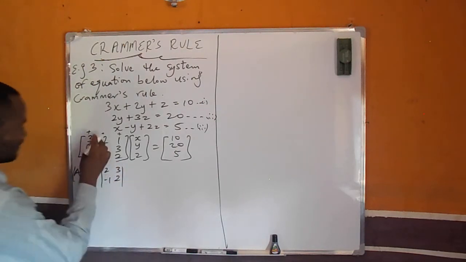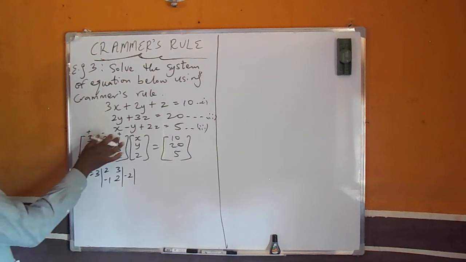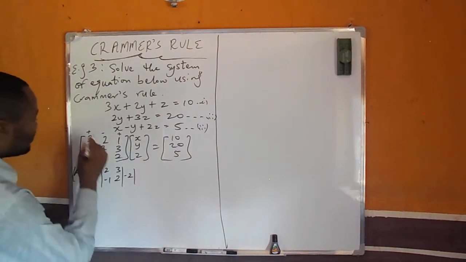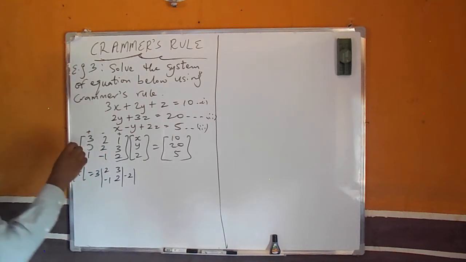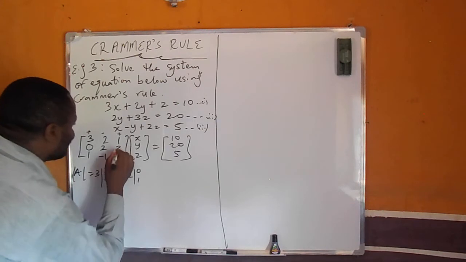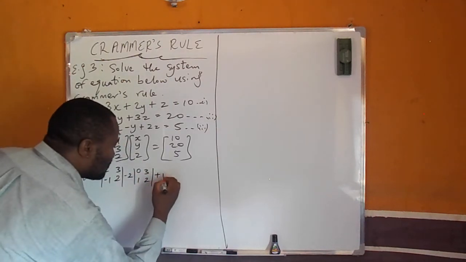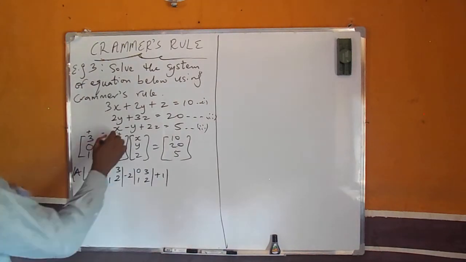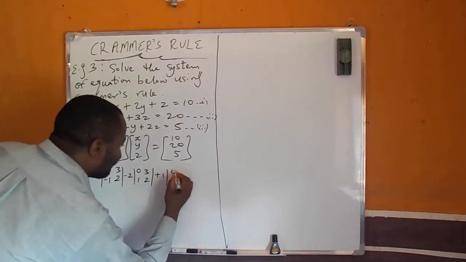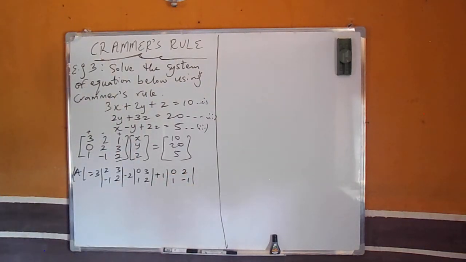Then we pick negative 2, this negative, and this 2 at the middle. We are using this first row only. We cancel out what are on the same column and row with it. So we have 0, 1, 3, 2. Then we have positive 1. We cancel out what are on the same row and column with positive 1. We have 0, 1, 2, negative 1.